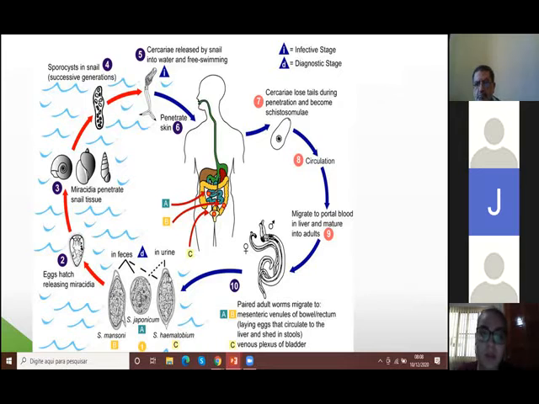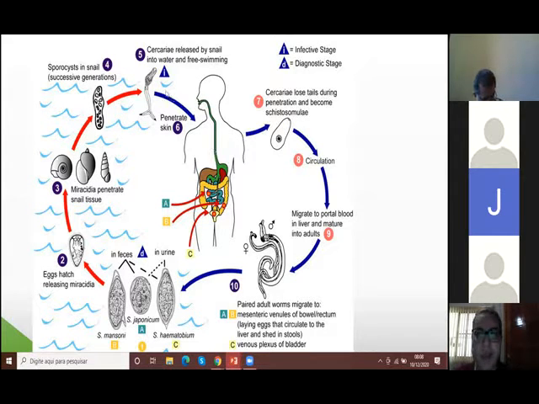These eggs go to the river water and float in this water, releasing the miracidia. The miracidia penetrate the snail tissues and transform into sporocysts and then cercariae, released by the snail, which penetrate the skin of the definitive host.